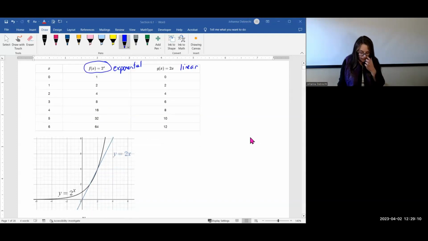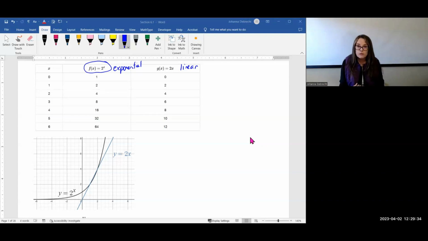Now, if we plot these, you can see them here on this graph. Here's the graph of y equal 2 to the x in the black, and you can tell that it's approaching the x-axis as it goes to the left, where the x values are all negative. That makes sense, because if x is negative, we have a negative in the exponent, which basically means that it goes to the denominator.